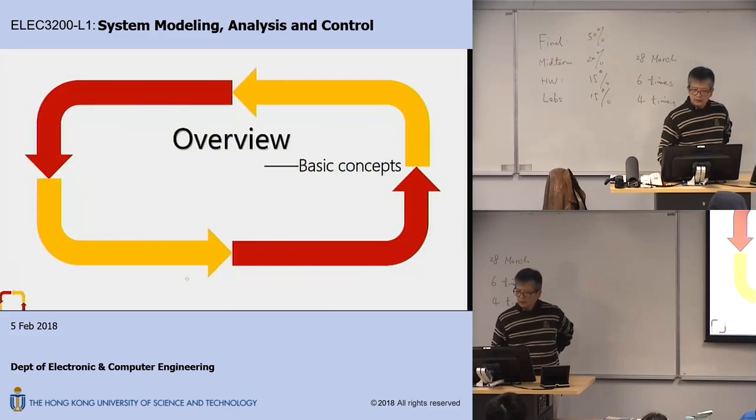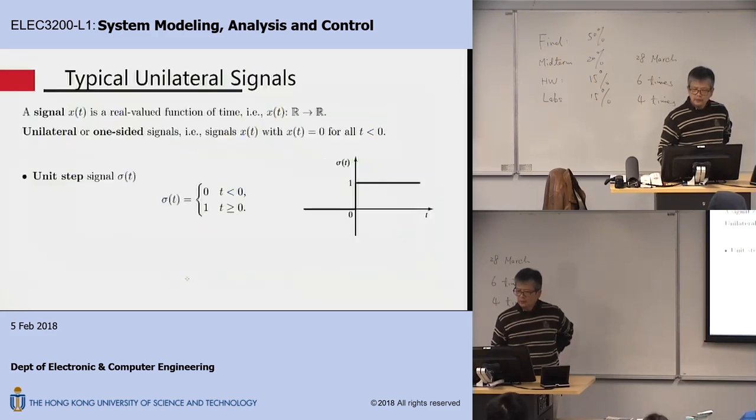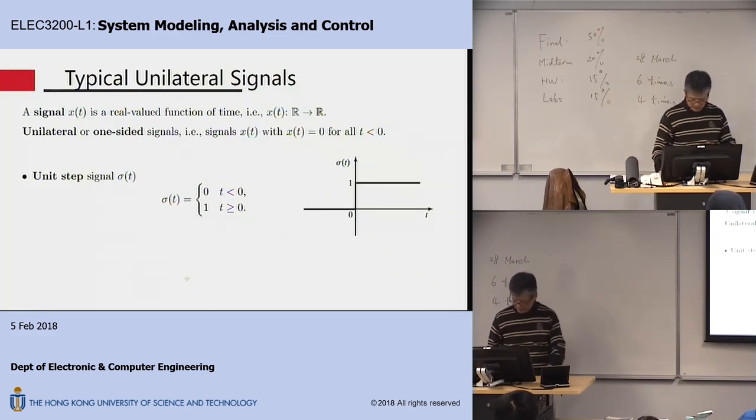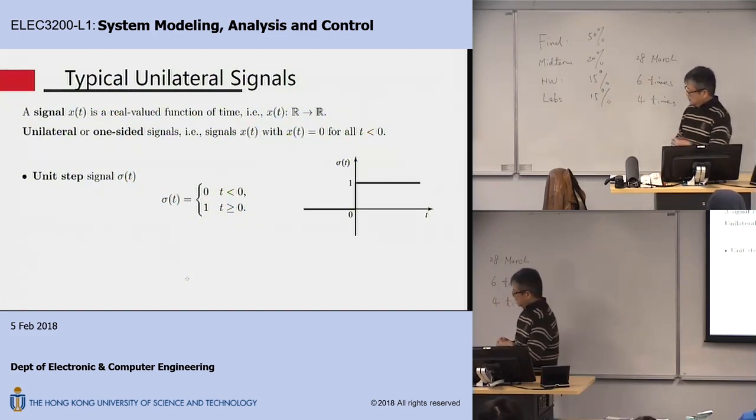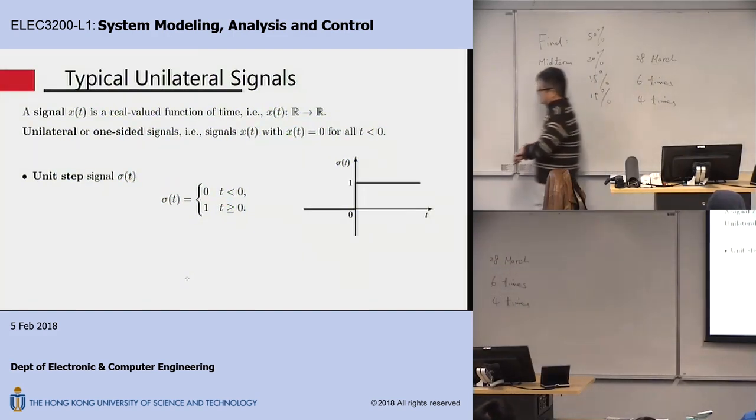So let's now look at some very basic concepts we need to use in studying control. Before we talk about a control system, or even a system, we need to know what a signal is.